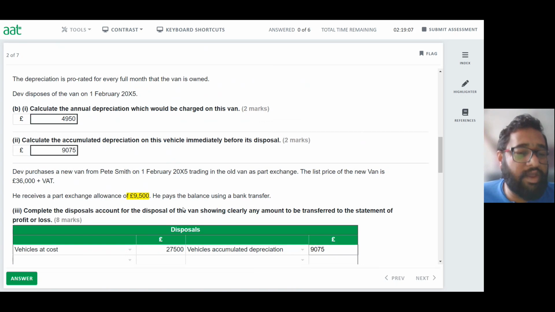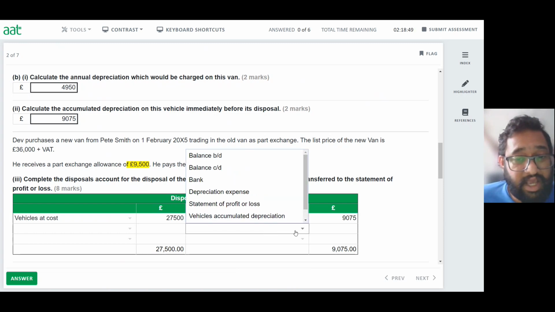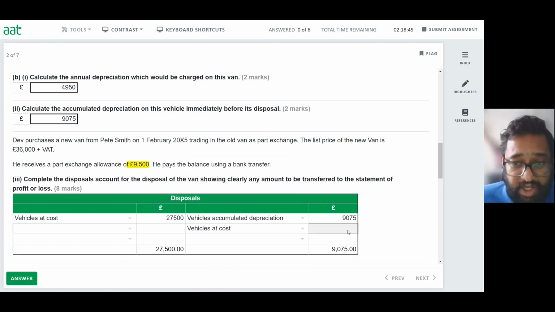According to this, you have £9,500 disposal value, which is the whole of that amount. Okay, but this is where the problem is for me, because if I consider this is net of VAT, it should be the net of VAT because it gives you the amount towards our non-current assets. So let's see here, I'm going to put this towards my new vehicle at cost, £9,500. Yeah, because there's no VAT involved in that according to this.